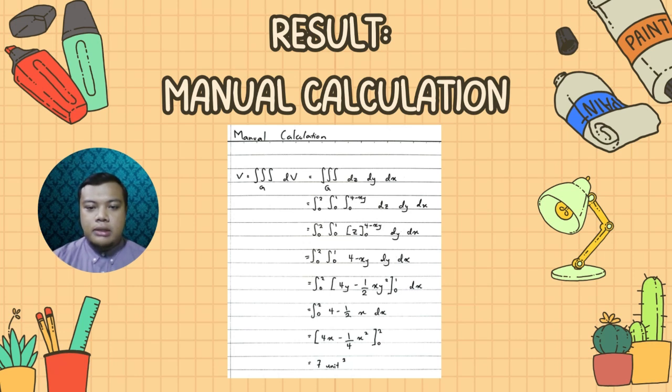Then the second integration, with respect to y, gives 4 minus 1 over 2 x. And lastly, the integration of x gives the value 7 unit cubed. That's all from me.